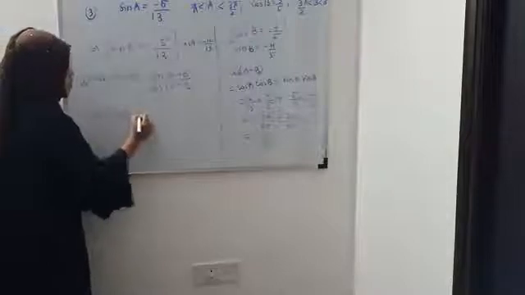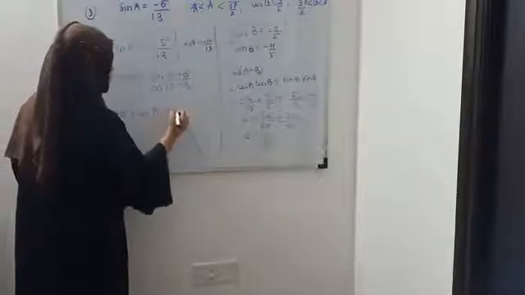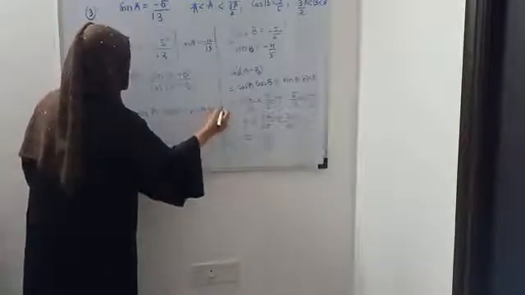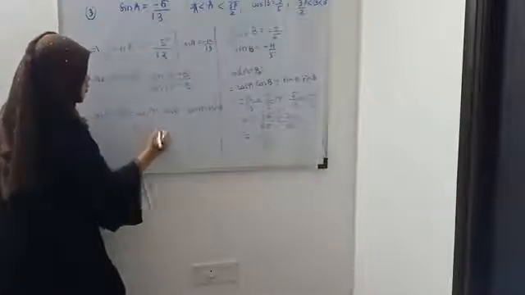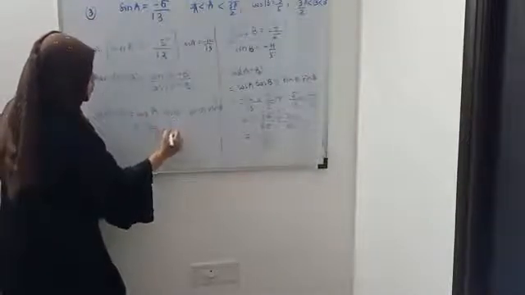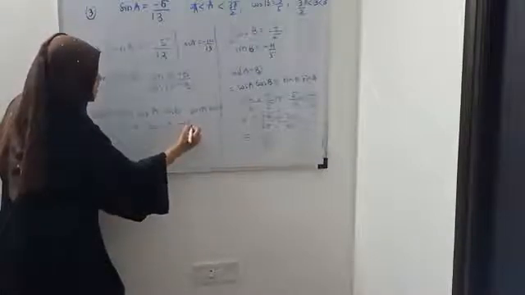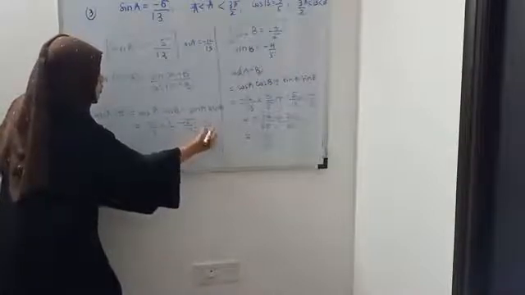Which is equal to cos A cos B minus sin A sin B. So cos A is equal to minus 12 upon 13. Cos B is equal to 3 upon 5, minus sin A, which is minus 5 upon 13, into sin B, which is minus 4 upon 5.